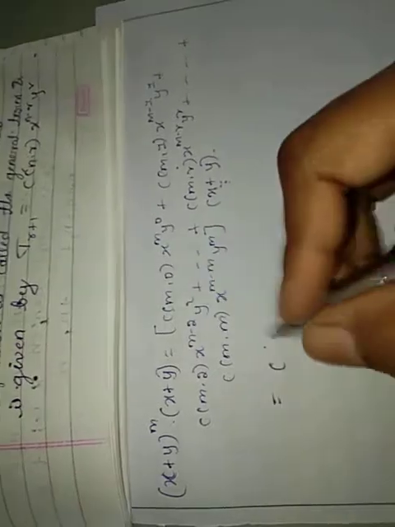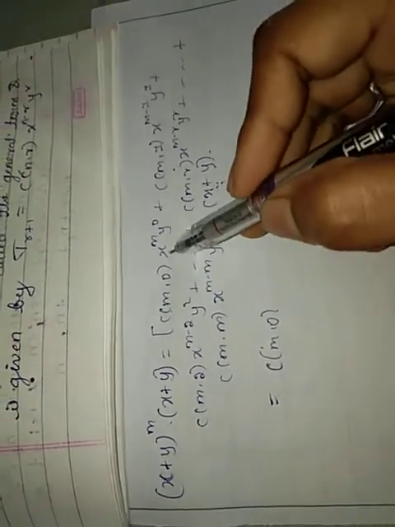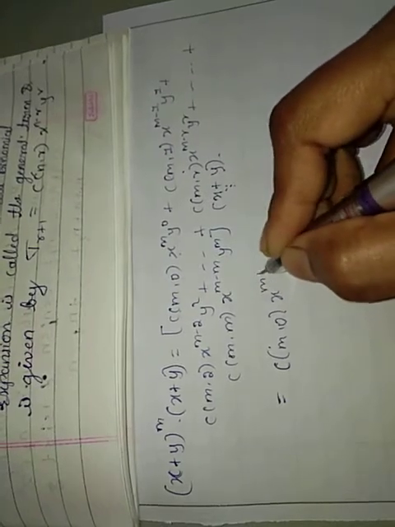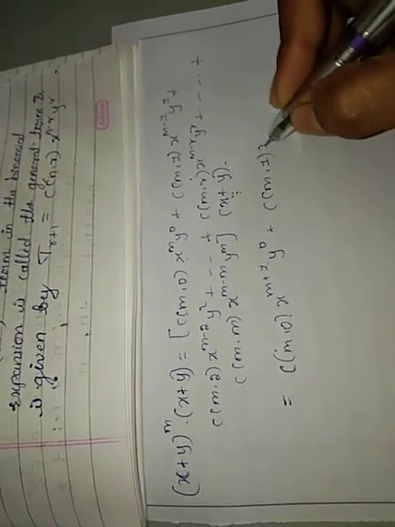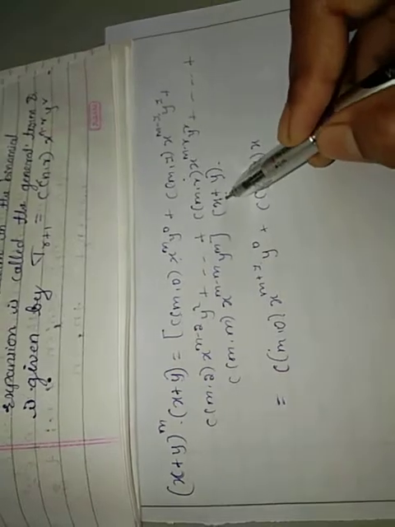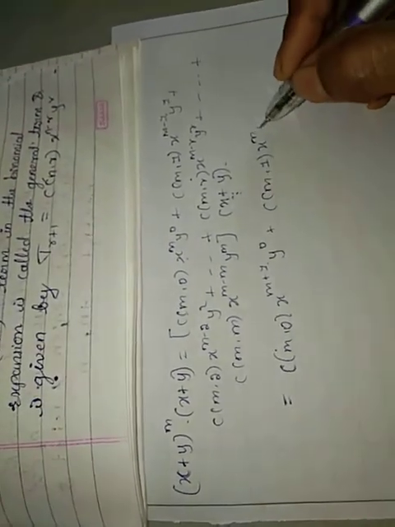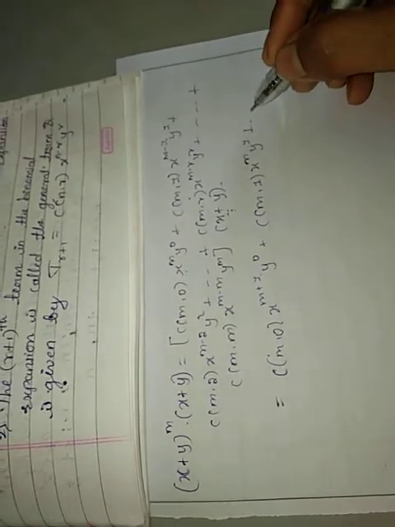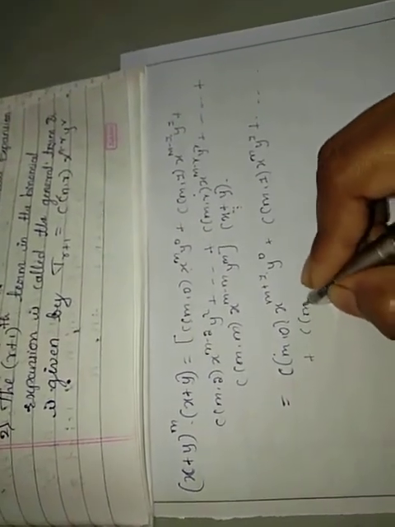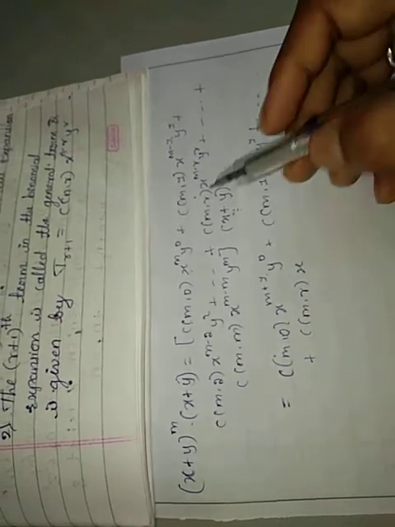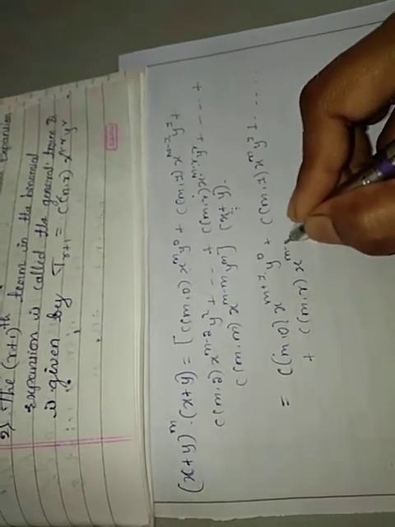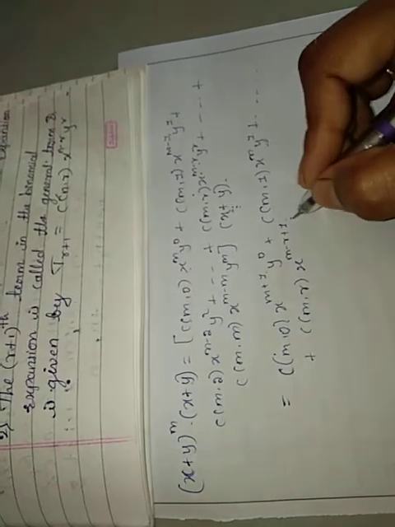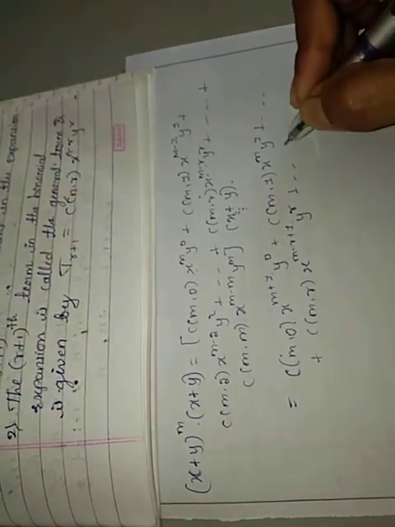Now the equation is C of m comma 0 into x raised to m into x, which is x raised to m plus 1, into y raised to 0, plus C of m comma 1, x raised to m minus 1 into x raised to 1 is x raised to m, into y raised to 1, plus so on, C of m comma r into x raised to m minus r into x is x raised to m minus r plus 1, into y raised to r, plus so on, C of m comma m.